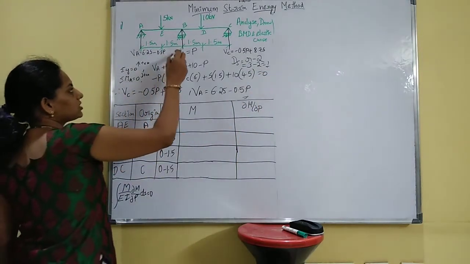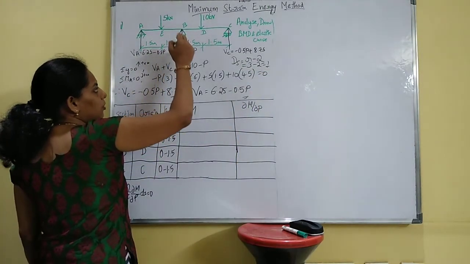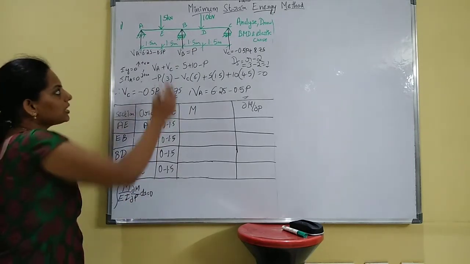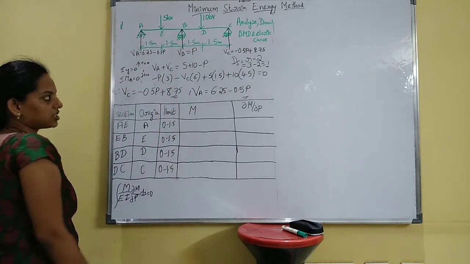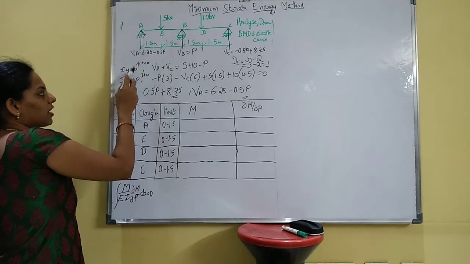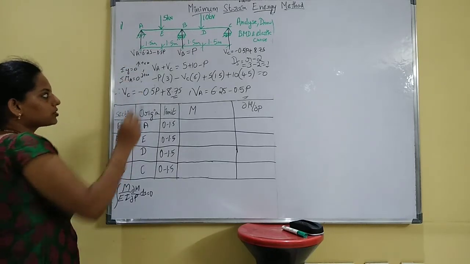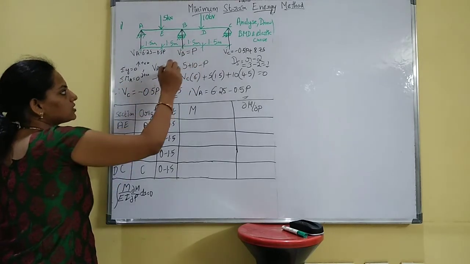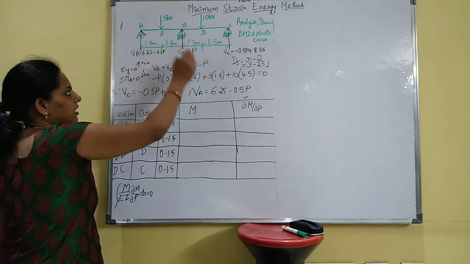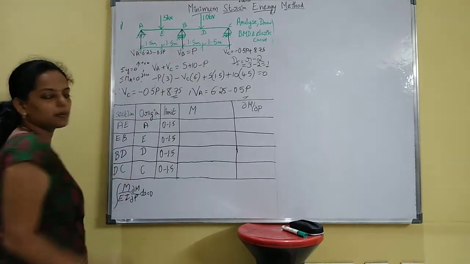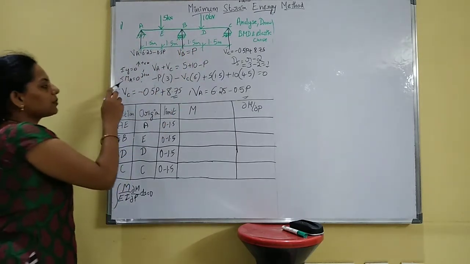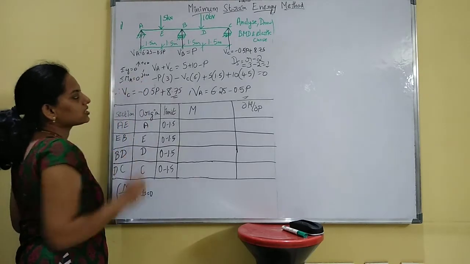Just assume the middle support reaction, that is VB, as P, and for that find the reactions in terms of P. So summation Y equal to 0, upward as positive. So VA plus VC equal to 5 plus 10, and this is upward, so it will be minus P. And summation MA equal to 0, clockwise as positive.